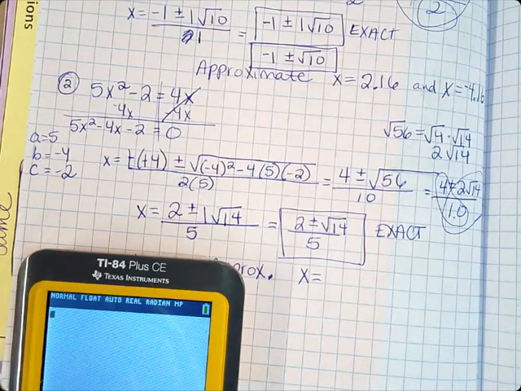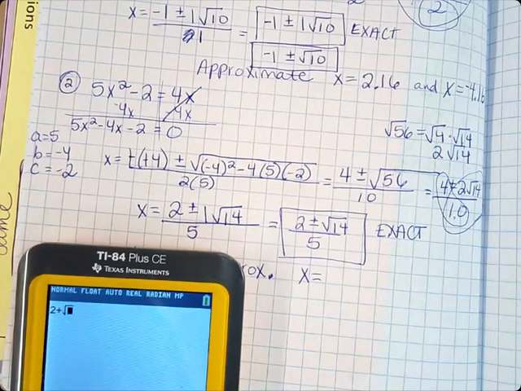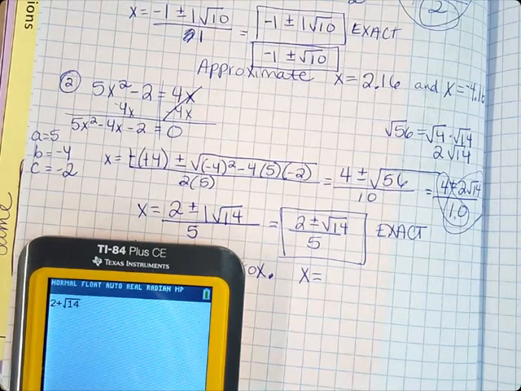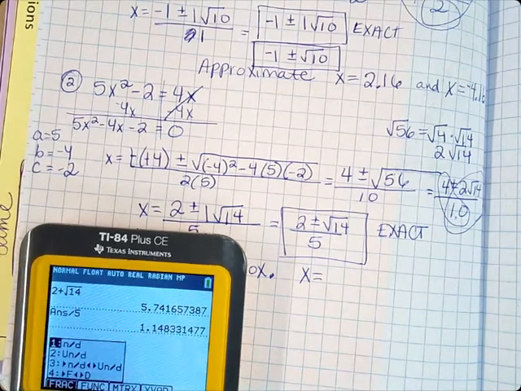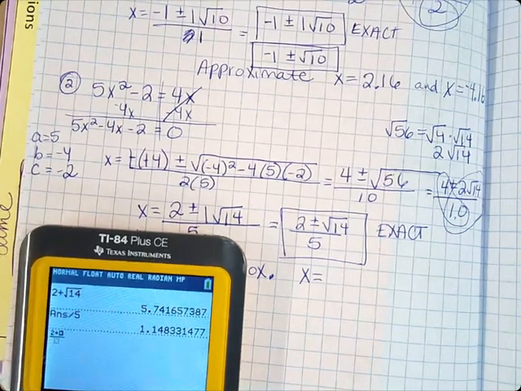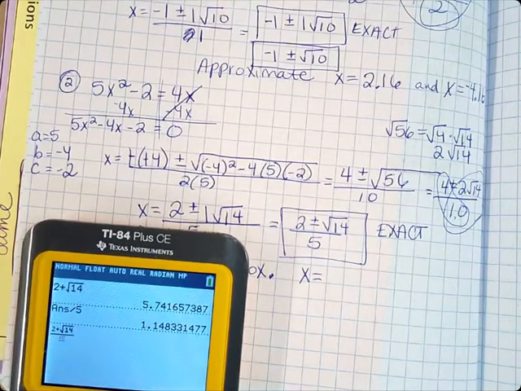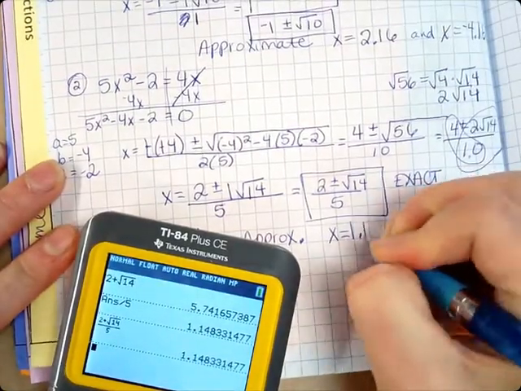Should be 2 plus square root of 14, and then divide by 5. So 1.15.